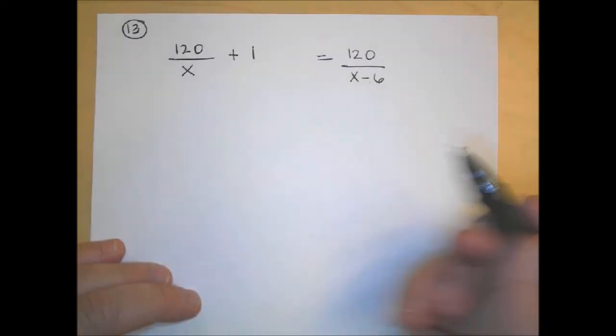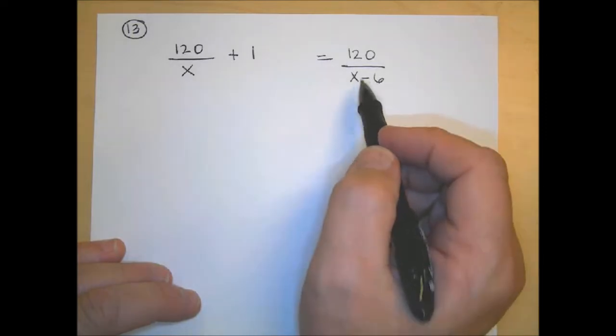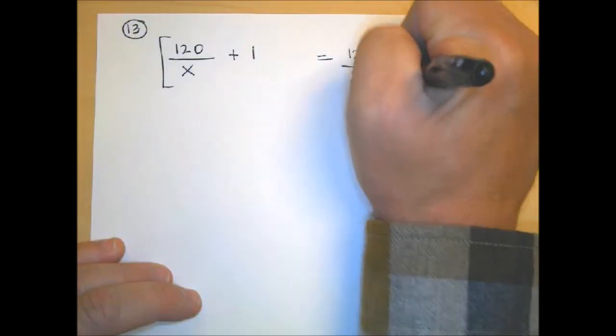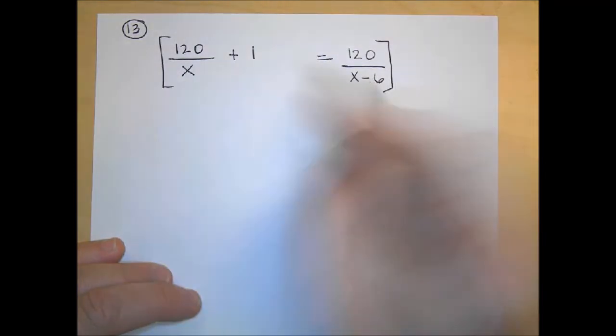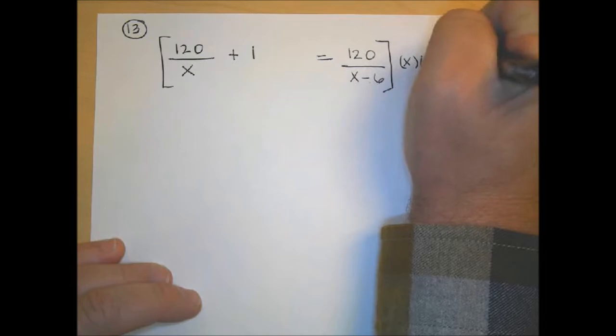Now, the key to this equation, just like all the equations, is to clear out the denominator by multiplying by the least common multiple. That least common multiple would be X times X minus 6.